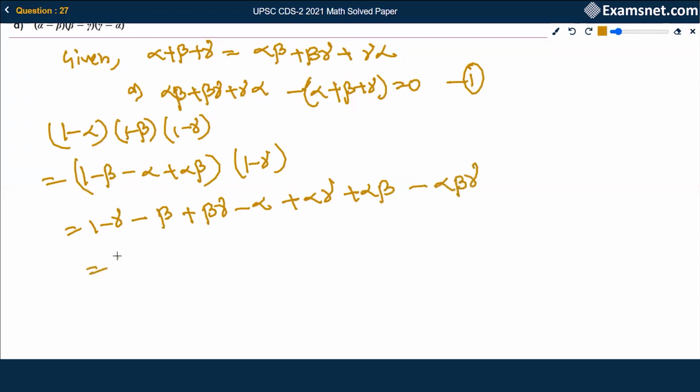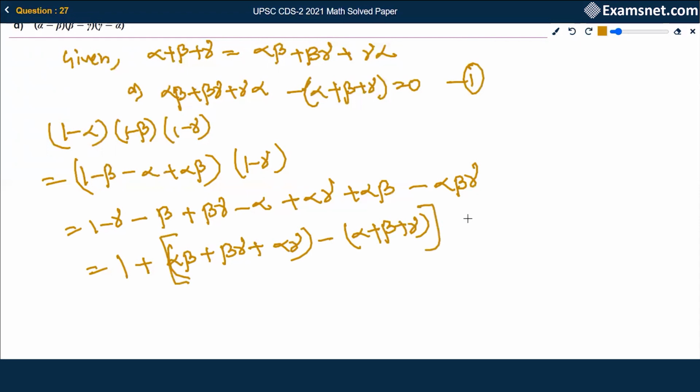Now we can put it in groups: first of all 1 plus alpha beta plus beta gamma plus alpha gamma. Next, after taking common, minus alpha plus beta plus gamma in a bracket, and minus alpha beta gamma.